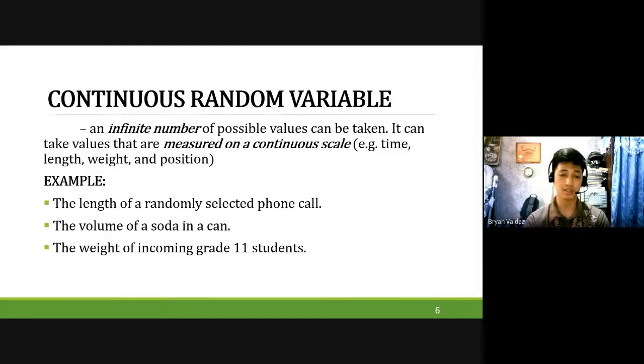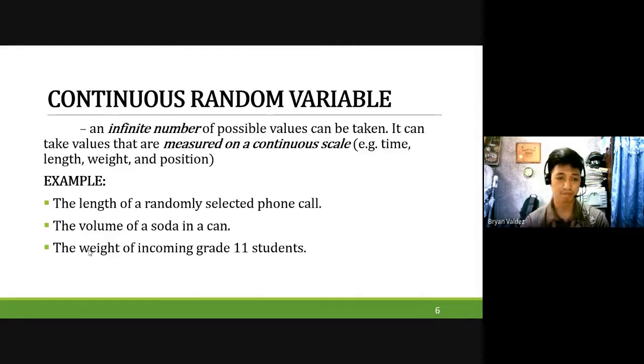As you can notice, we do have different measuring tools in order for us to identify the values in these examples. For example, the length of a randomly selected phone call, we are considering here the time. Then the volume of a soda in a can: there are different measuring tools like beaker, graduated cylinder, and so on.